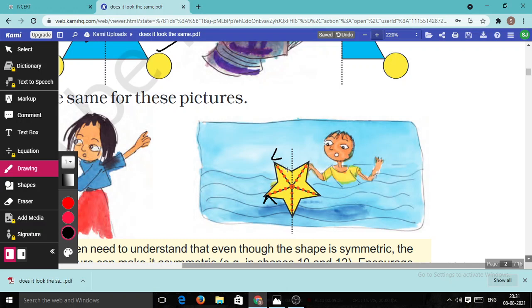Again, look at this star. The star is divided. This part is matched with this part, and this part is exactly matched with this part. Again, this part matched with this part. So it is called a mirror half. So in this way, you will get different pictures in which you will get the mirror half.